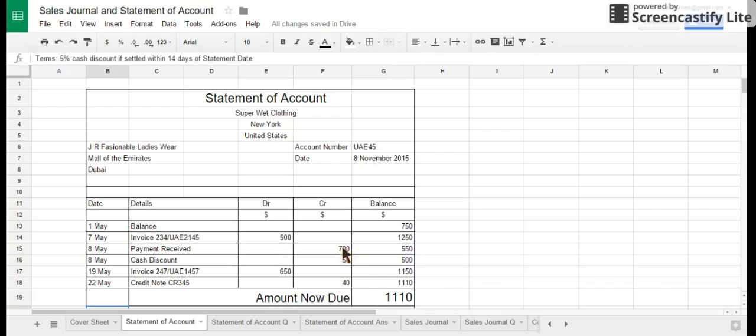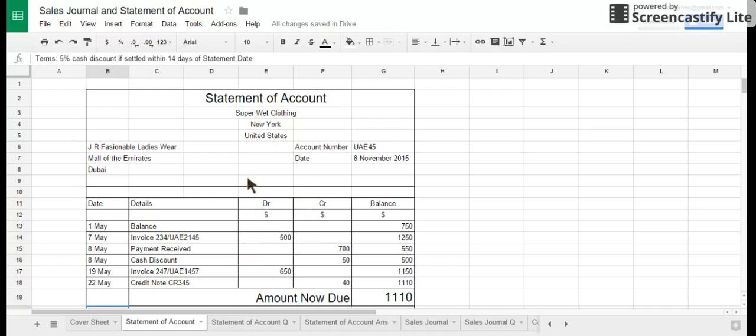One is the actual check, and the other one is a cash discount associated with it because they paid within the stipulated time. Here they've made another purchase of $650, and then we've got a credit note at the end, and the credit note shows that it's going to reduce the amount of money that is owed by JR Fashionable Ladieswear to Superwet Clothing.